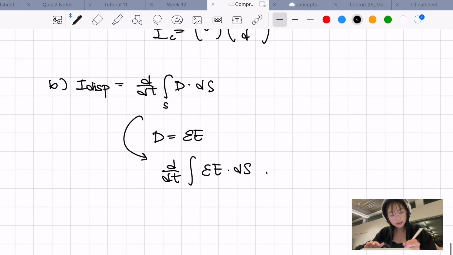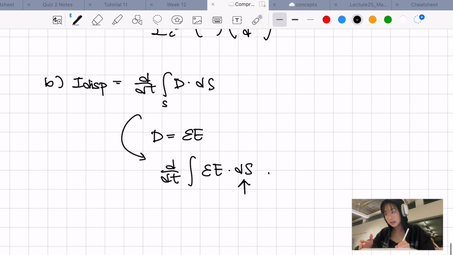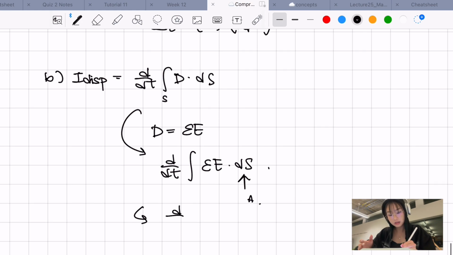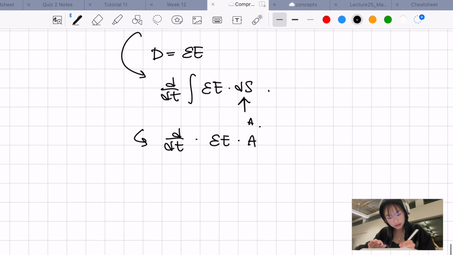We know that dS, the surface area, is A. This can be rewritten as d/dt of epsilon E A, which is just the constants in front, times the derivative dE/dt.